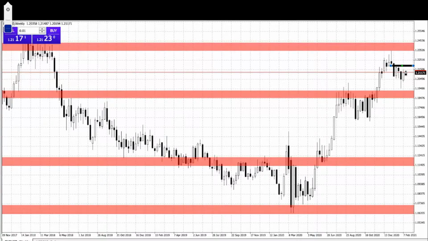If the price closes below this level to form a lower high, we'll expect it to come and retest this zone, upon which if the zone holds, we'll expect movement to the upside. And if it doesn't hold as a support zone, we'll expect it to break this, retest it, and move to the downside.